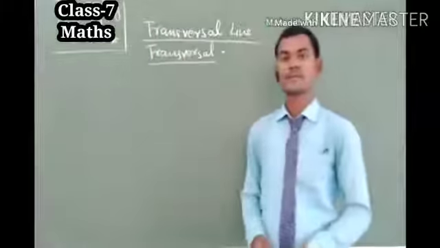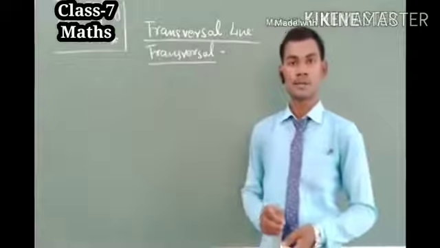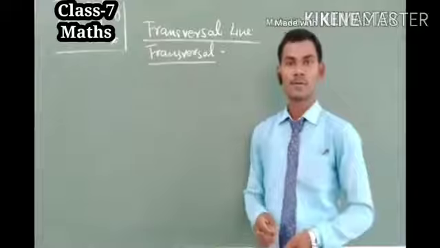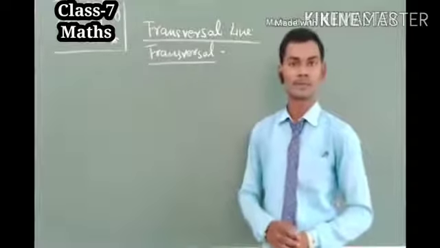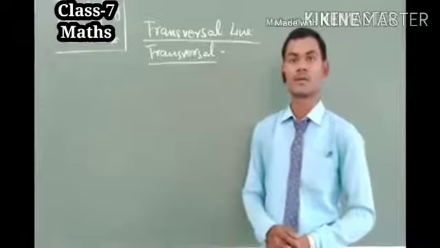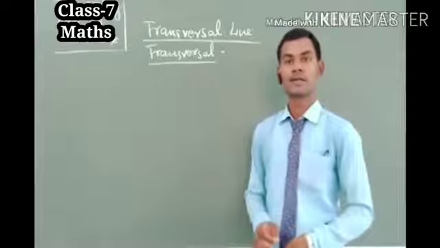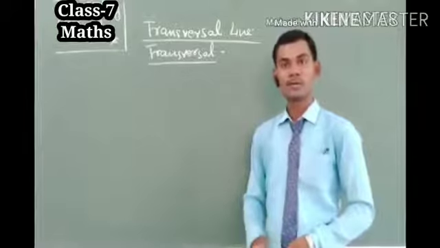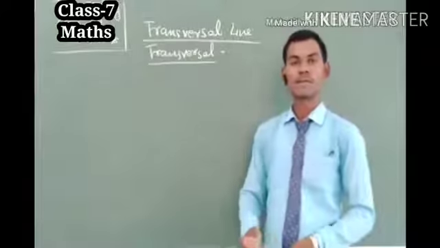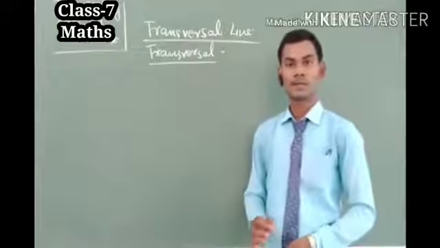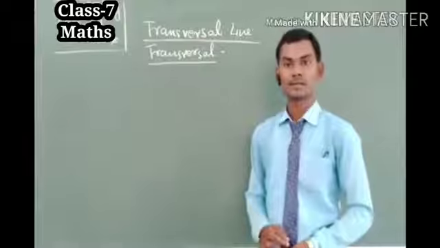We say that a line which passes across two or more lines is known as a transversal line, or a line which intersects two or more than two lines at different points is known as a transversal line.